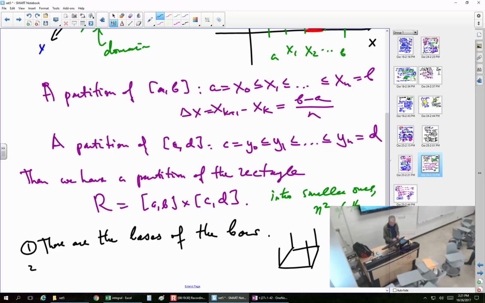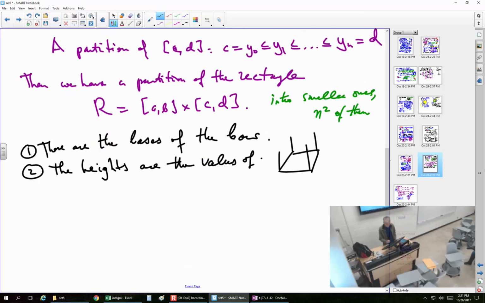So that's number one. Number two, the heights are, just as last time, the values of the function at the sample points. Of f at the sample points.